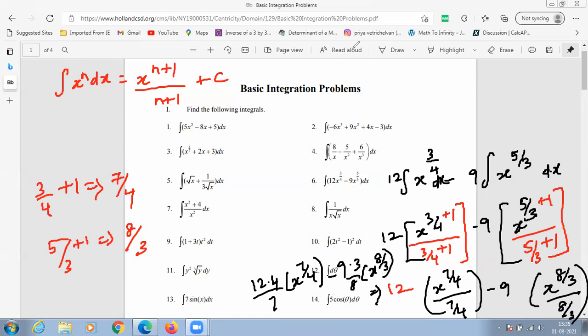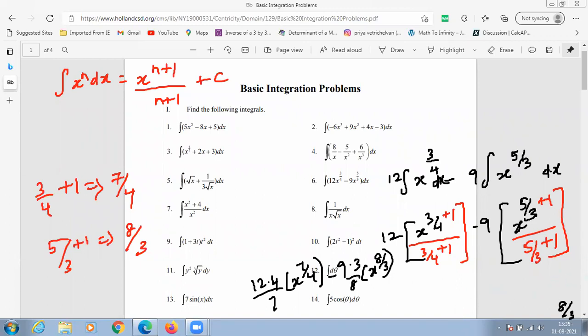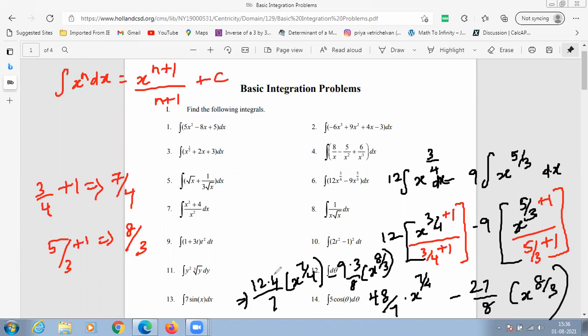You can write it like this also. And 12 into 4 can be written as 48 upon 7 into x power 7 by 4, minus 9 times 3, which is 27, upon 8 into x power 8 by 3. So this is the result for question number 6.